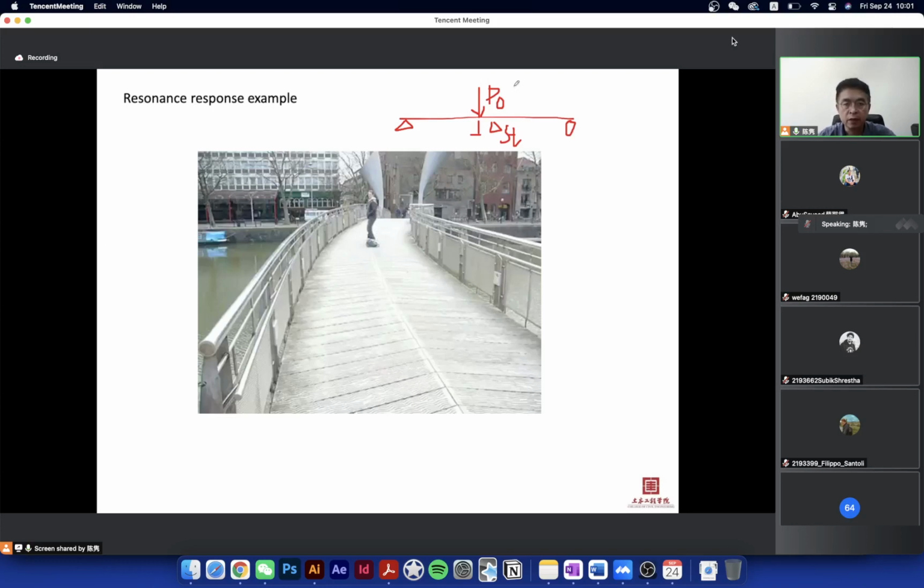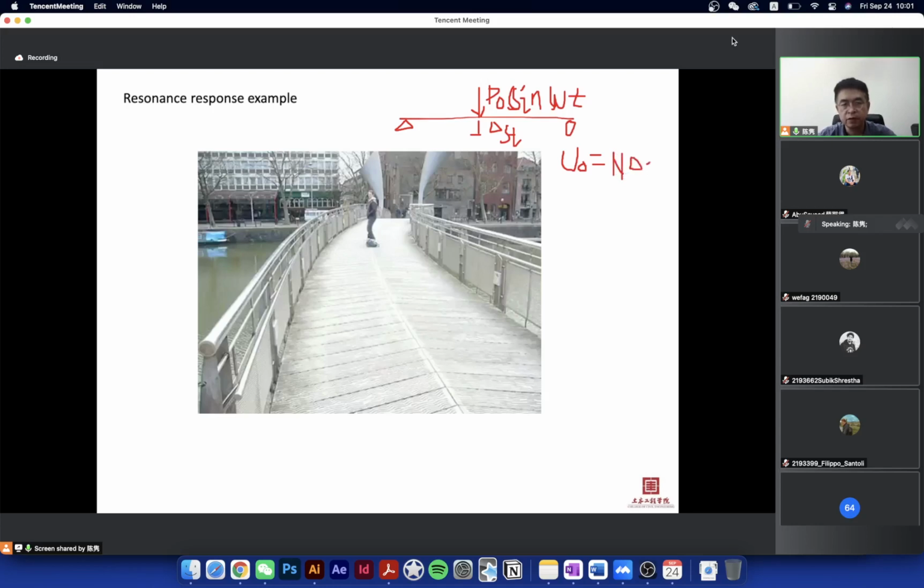Now, if the load becomes P0 sine omega t, applied to the same structure, you have a dynamic load, and the response, let's use U0 as the symbol, will be very large, many times the delta ST, depending on the damping.